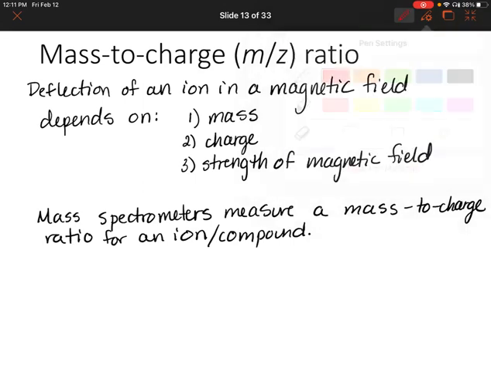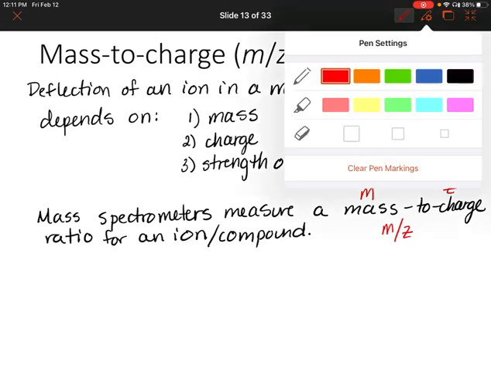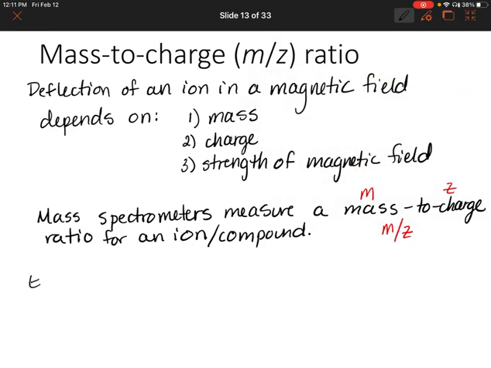So mass is given the symbol m, which makes sense, and charge is given the symbol z. So the mass to charge ratio is m over z, or mass over charge. So for example, let's say the mass of your compound is 100.